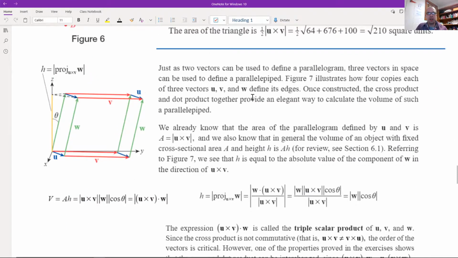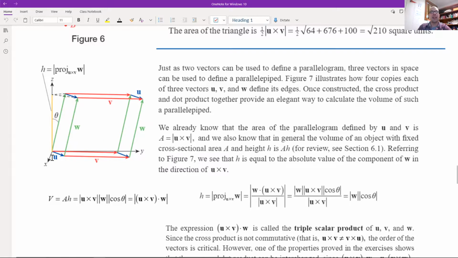This next part's pretty cool. Here we have the parallelepiped that we hinted about earlier with the triple scalar product. We've got U, V, and W that make this parallelepiped, like a 3-dimensional version of a parallelogram. And the idea here is that the volume of a parallelepiped is determined by the cross-sectional area times the height.